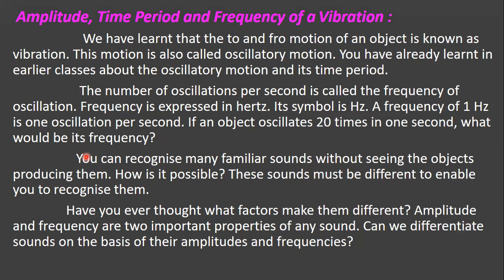Here, children, oscillatory motion is the to and fro motion of an object, and the number of oscillations per second is called the frequency of oscillation. It is expressed in hertz. A frequency of 1 hertz is 1 oscillation per second, which means in every second there is 1 oscillation.